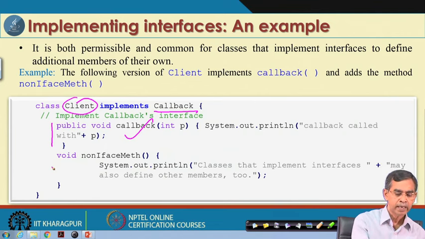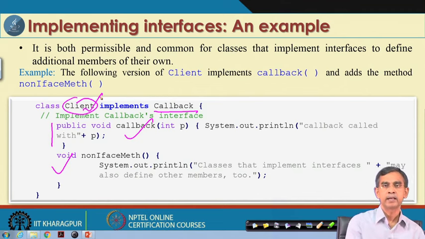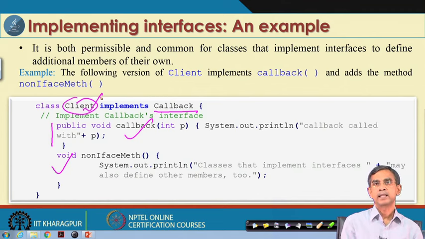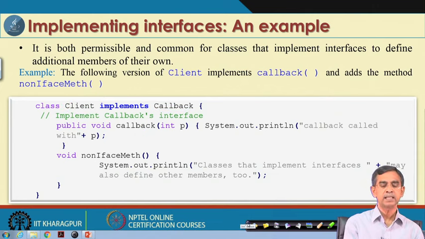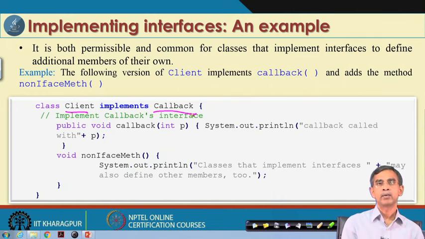So, for example, here this is one method which is the own method in this class client. That means it is just like the inheritance concept. It is one other way we can say that this class client inherits the callback, where the callback is like an abstract class in that sense.